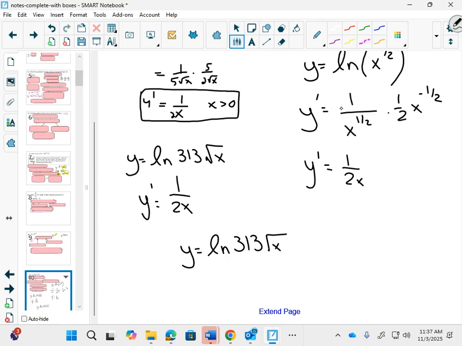Well, if I used my log laws, do you remember your log law for multiplying? My log law for multiplying says I could add. Agreed? Natural log of 313 is a number. I don't know what it is in my head, because e to what exponent would be 313?